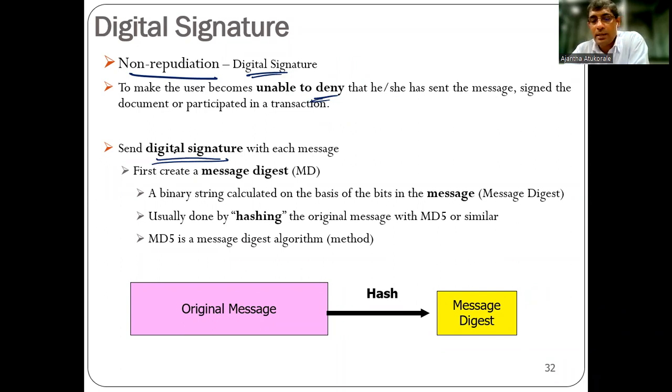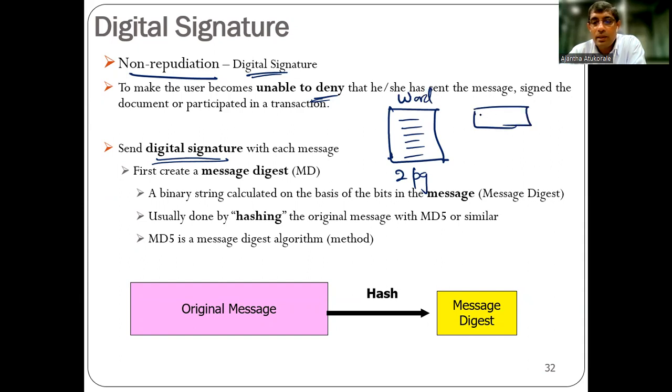These are the steps, right? Let's try to discuss slowly. It's not very big. First, let's say you have a message. So you have to have some source document, something to get the digital signature. Just think of a two-page Word document, or this can be your credit card number, 4505, whatever.